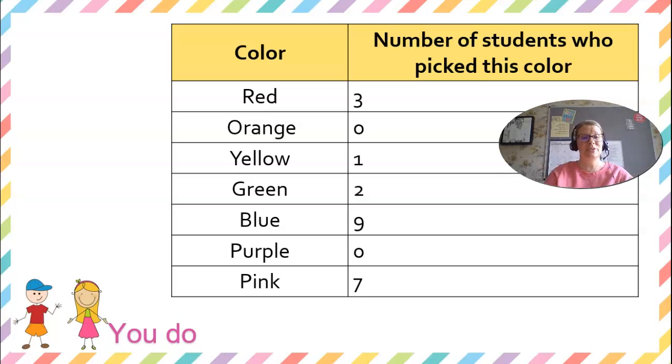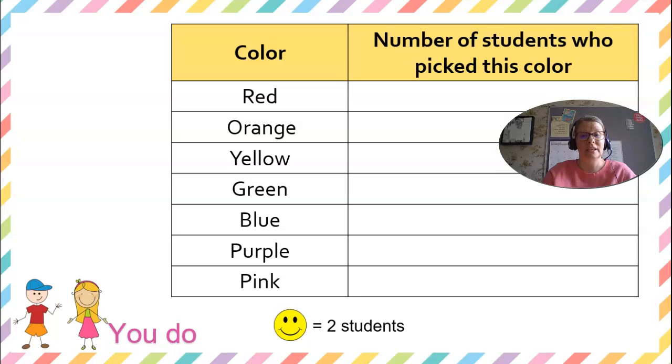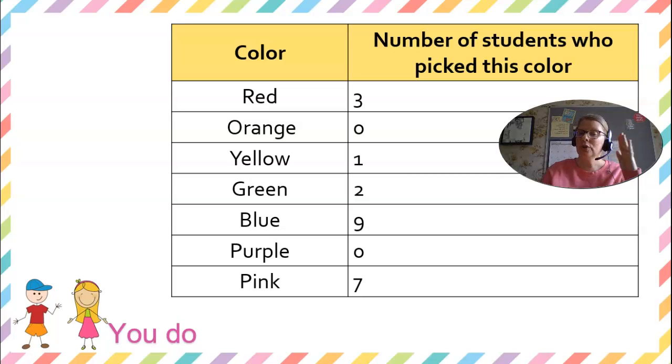Okay, so you're going to do the same thing. On your pictograph, go ahead and jot those numbers down on that. Okay, here they are. Maybe pause the video if you need to jot those numbers down onto your pictograph. Just over to the side.